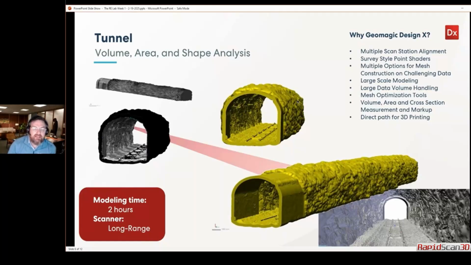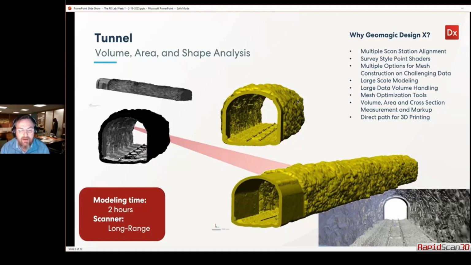You can see the texture and color if it's available on that type of device. You have all kinds of meshing options, which we'll talk about here in a few minutes. Large data scale modeling, which again is another thing that I'm going to highlight here in a little bit. But we'll focus on the fact that you can take that data and you can create meshes.